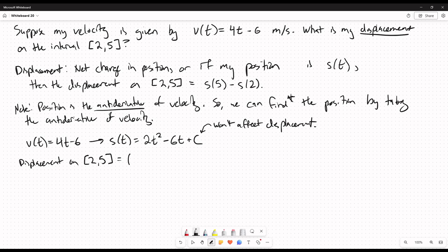I'm going to need to find s of 5 minus s of 2, which is going to be 2 times 5 squared minus 6 times 5 plus c, minus 2 times 2 squared minus 6 times 2 plus c.